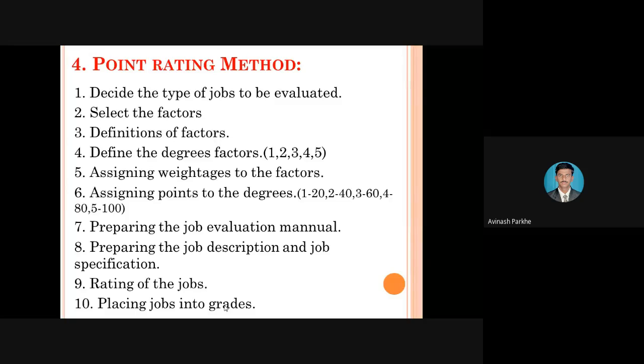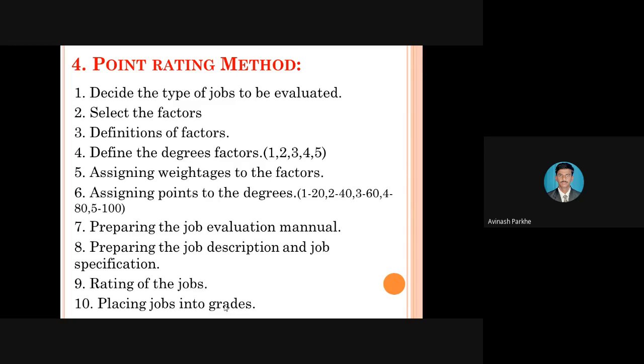For each and every factor, the percentage weightage is given, and according to that particular weightage, the degrees are defined, that is 1, 2, 3, 4, 5, and based on that particular degrees, the job evaluation will be taking place. So this is the point rating method, which is mostly used in the various types of industry because it has high accuracy, is more reliable, more acceptable. So therefore this method is mostly used in various types of industry.